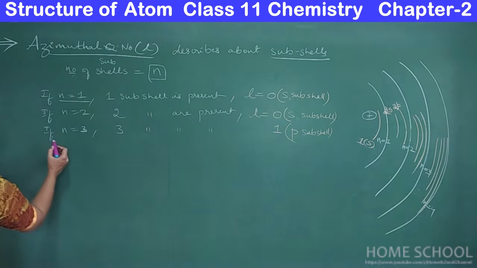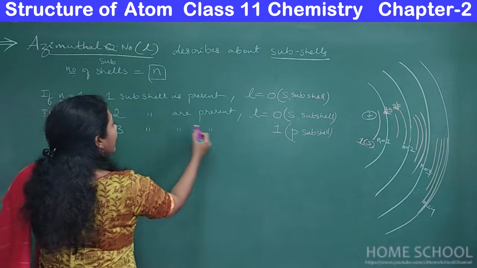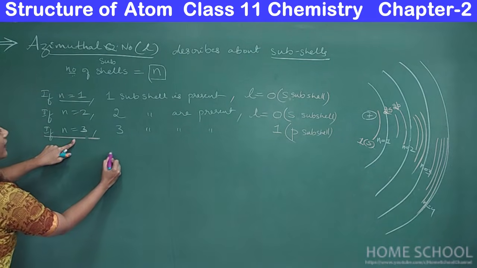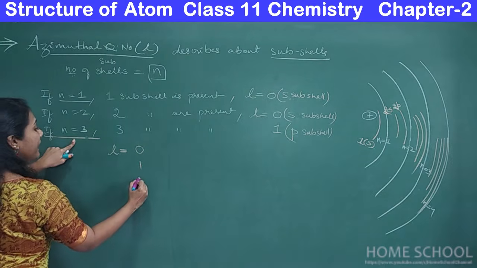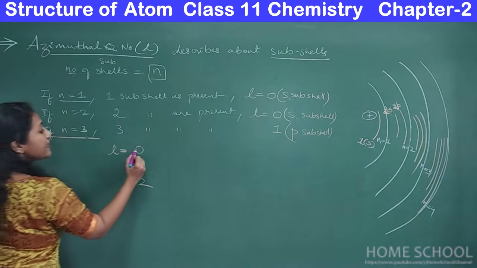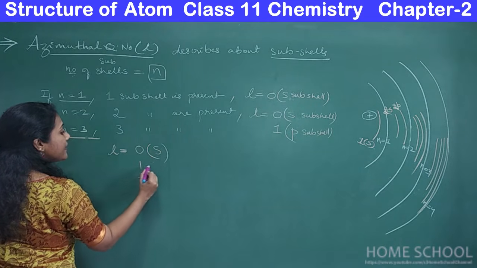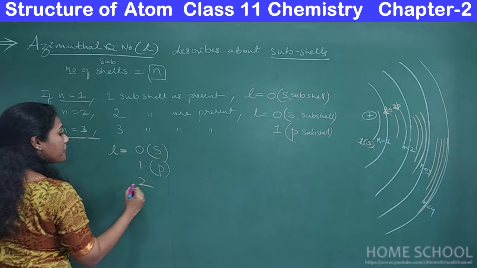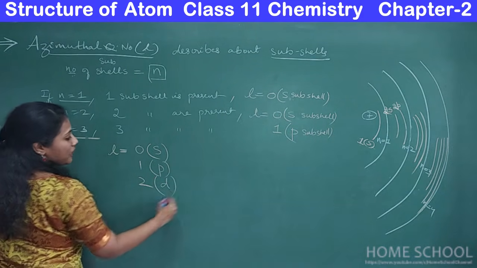Now coming to n equal to 3, what are the l values possible here? The l values are 0, 1 and 2. l equal to 0 means s subshell, l equal to 1 means p subshell, and l equal to 2 means d subshell.